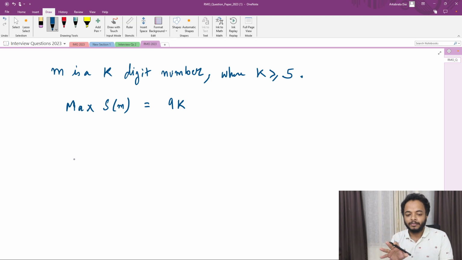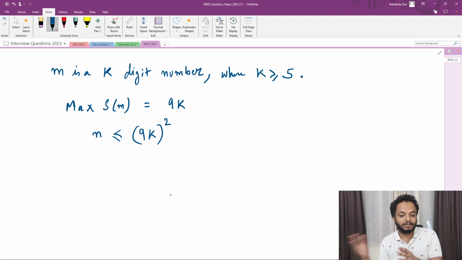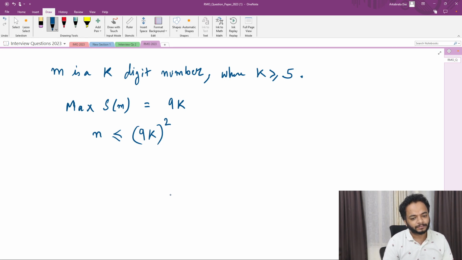Now you get n by squaring Sm, so n is less than or equal to 9k squared. Either n is 9k squared, or 9k minus 1 squared, or 9k minus 2 squared, and so on, but whatever it is, it's less than or equal to 9k squared.